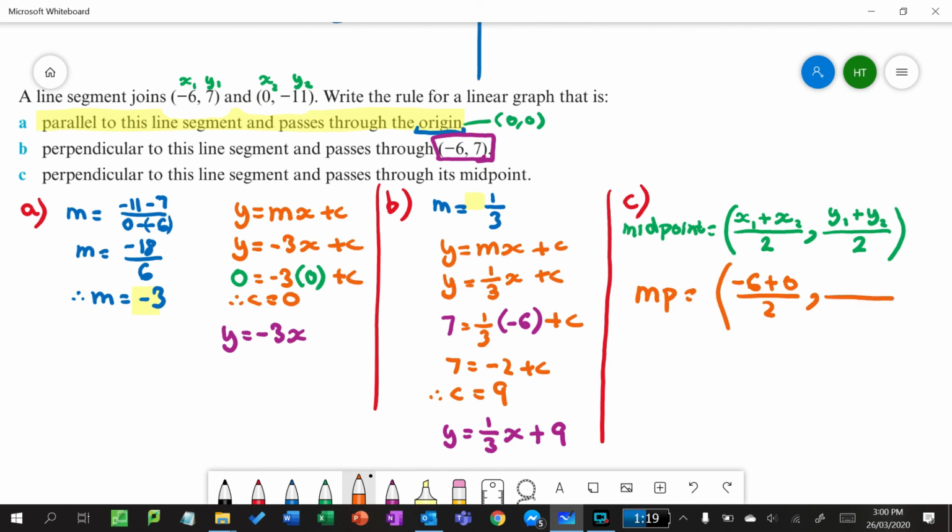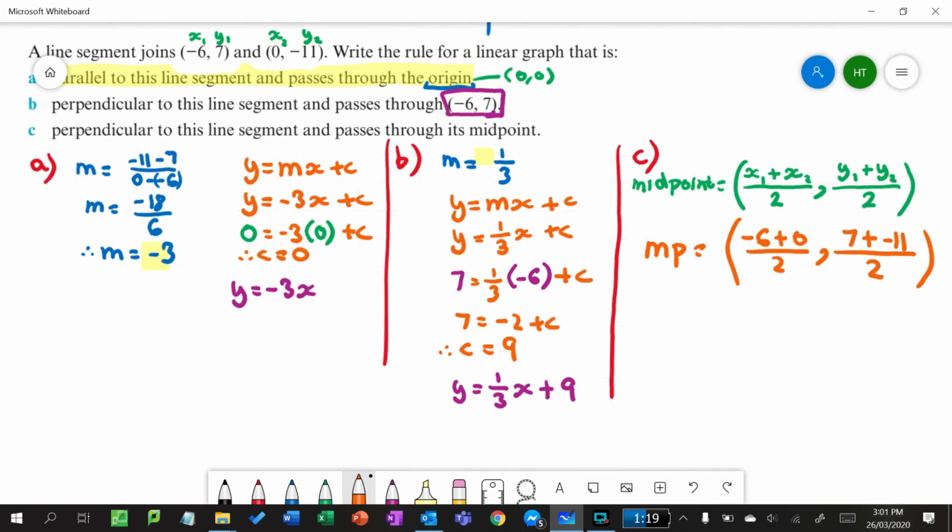And y1 is 7 plus y2, which is negative 11, divided by 2. Now let's simplify that. Negative 6 plus 0 is negative 6, divided by 2 is negative 3. 7, take away 11 is negative 4, divided by 2 is negative 2.